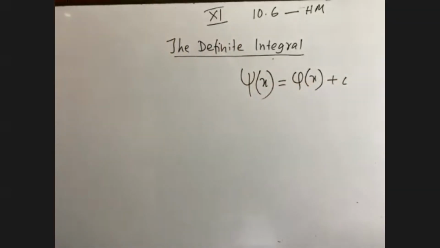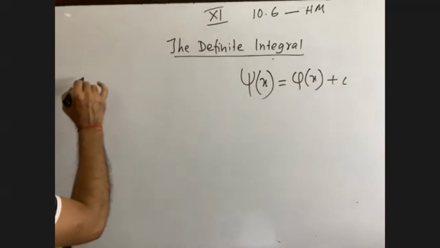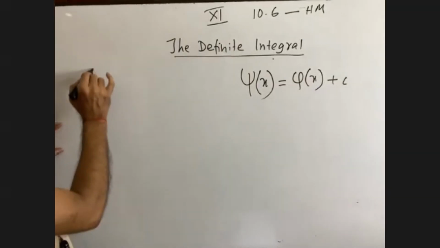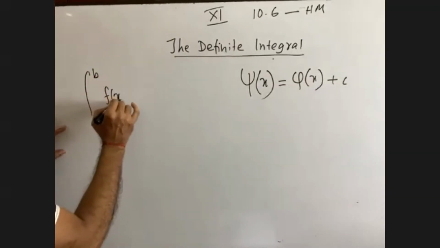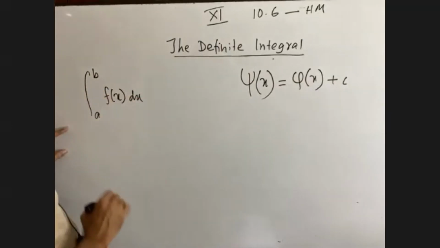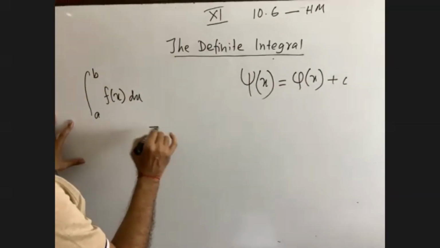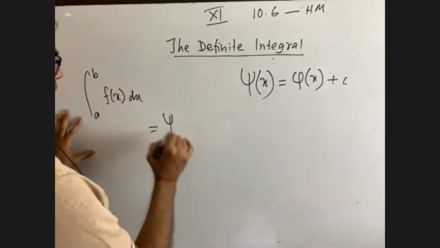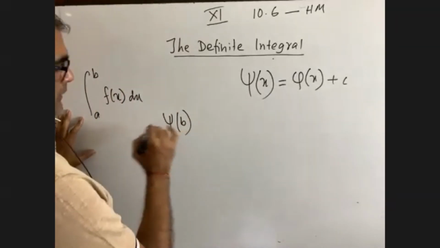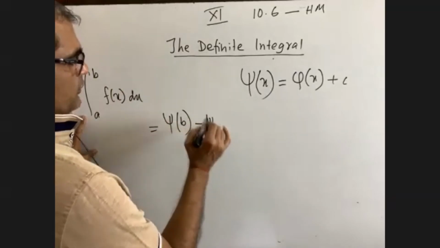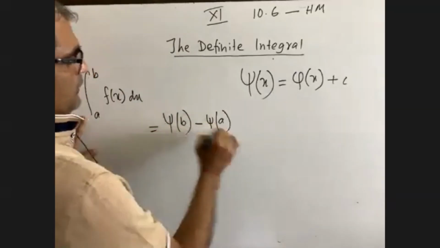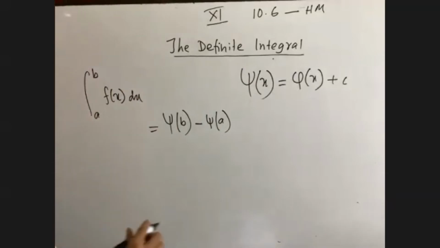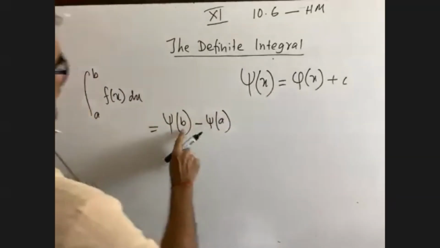Now, what we know, this is a, this is b, this is f x dx. It is equal to phi b minus phi a by the definition. Now you just put the value of b.